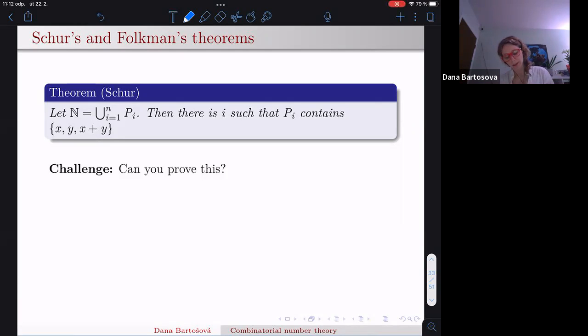So if you partition natural numbers into finitely many pieces, can you find x, y, and x plus y in one of the pieces? Can you? Okay, so you're going to tell me on Saturday morning, but you really need only, I think, the first 5 natural numbers or 7 to show that every partition of that into 2 pieces is going to give you that.